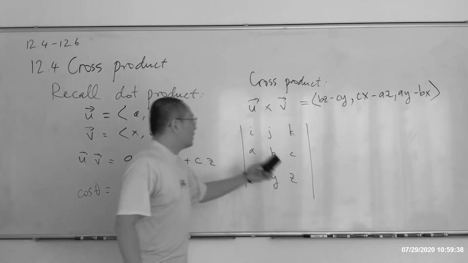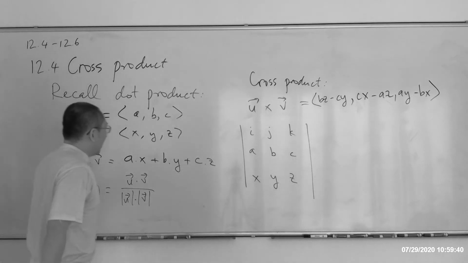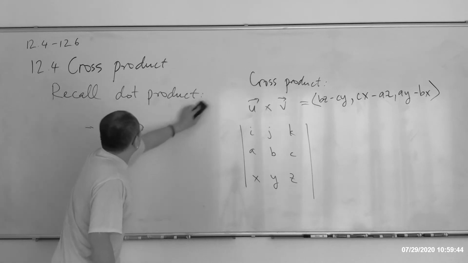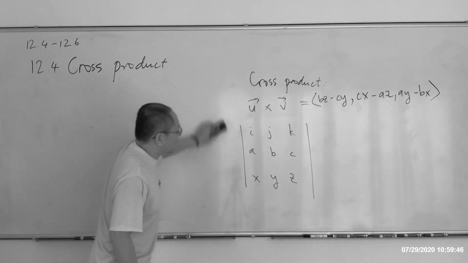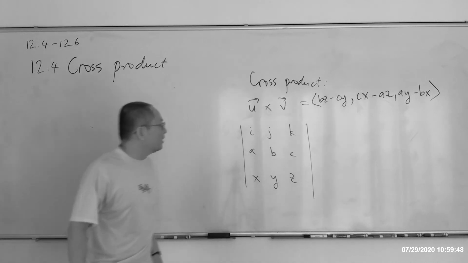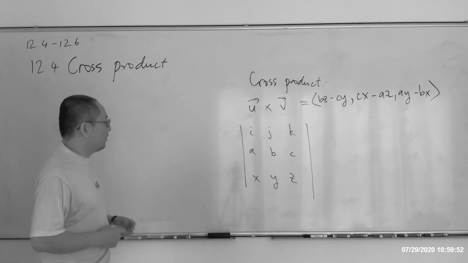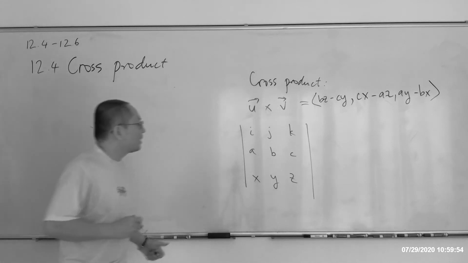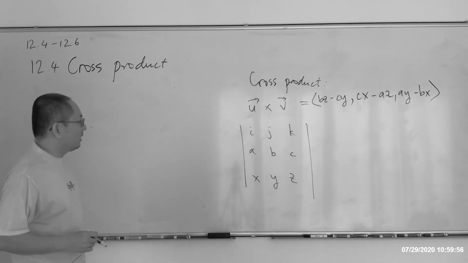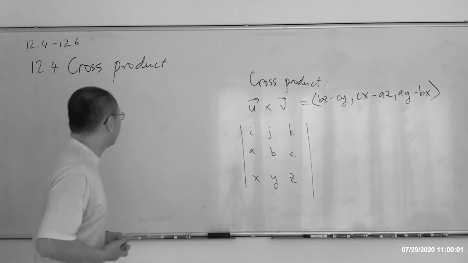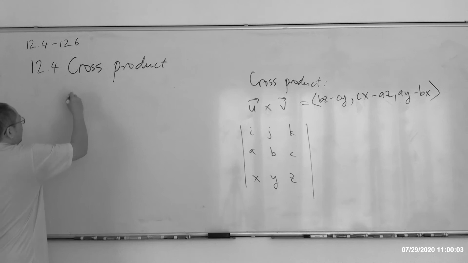Okay? And let me explain to you how you're gonna get it without really memorizing a lot of things. Actually, there are many ways for us to get this. The way that I usually do, I bring it back to pre-calculus algebra that we learned about the determinant of a matrix. So recall the matrix determinant.